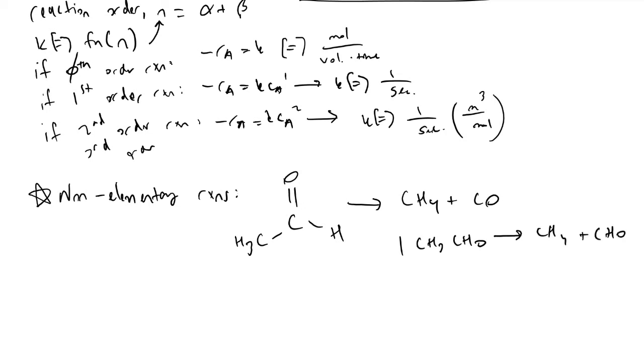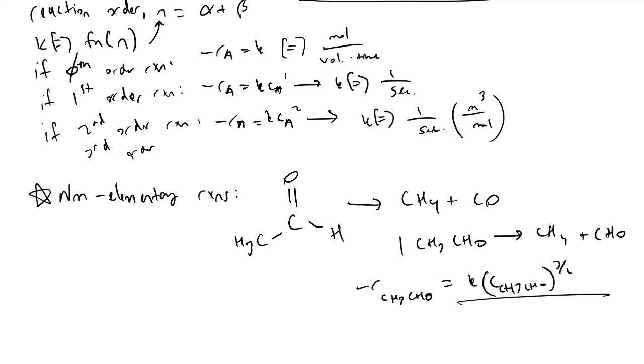Someone who mistakenly believes this is a first order reaction in their reaction rate equation, or their rate law, would come to an incorrect assumption, because the kineticist would tell you that actually the rate of consumption of CH3CHO is really equal to k times the concentration of CH3CHO raised to the 3/2 power.